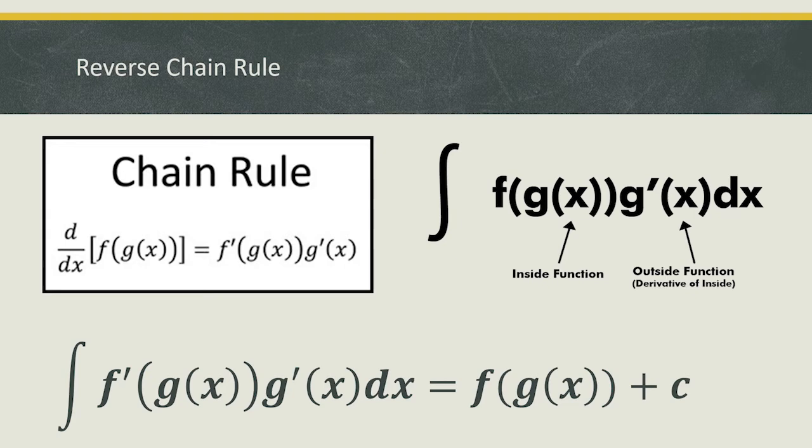For example, as you can see in the expression at the very bottom, the antiderivative of f of g of x times the derivative of g of x dx is equivalent to f of g of x plus c. It is important to note that you are essentially taking the derivative of the inside function and multiplying it by the outside function to get the antiderivative.